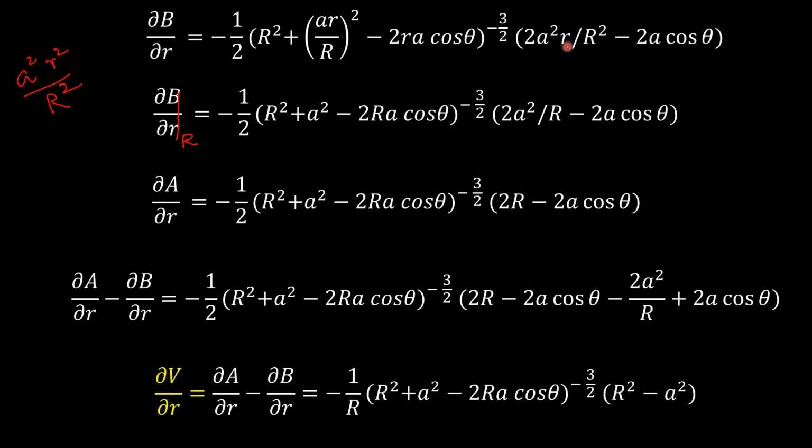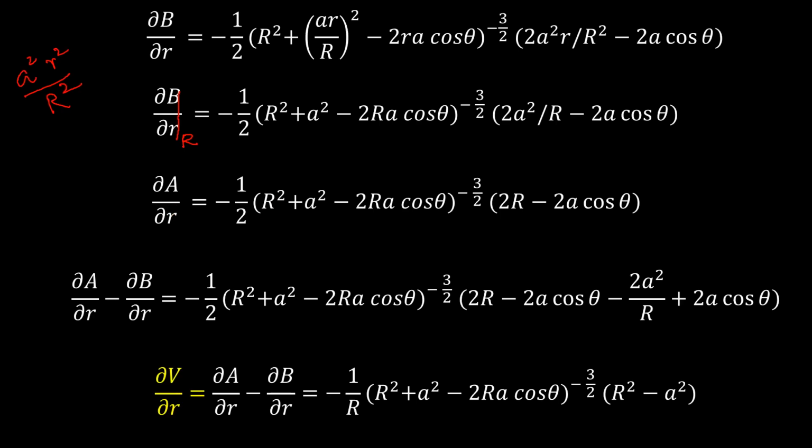Here, if you convert this r into capital R, then this R squared will get cancelled with this R. Then this will become 2a squared over R, minus, of course, 2a cos theta. If you differentiate the third term, here there is no small r, so you keep that as it is.